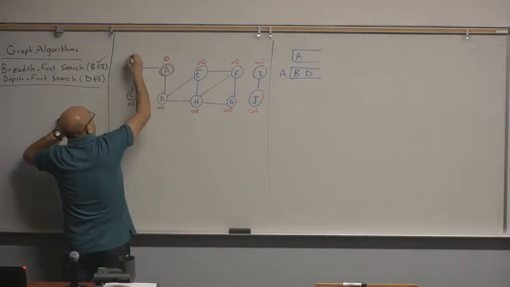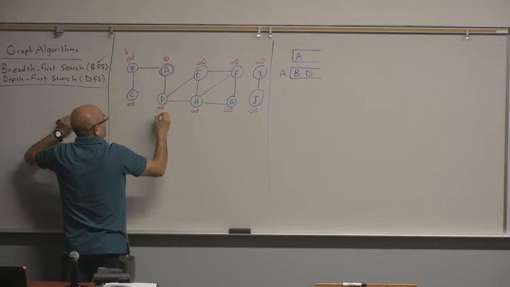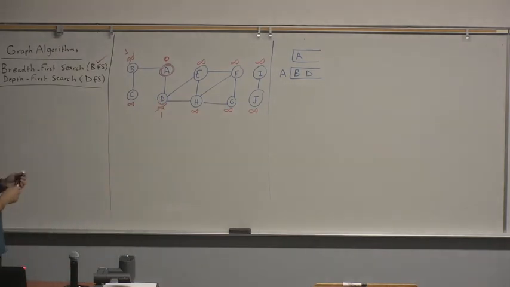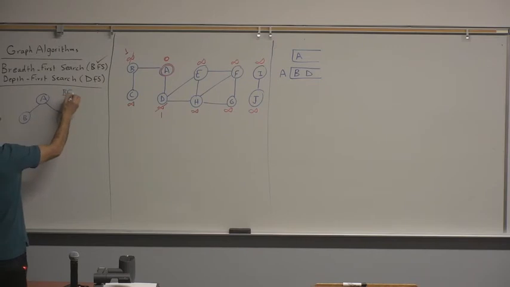So this is going to be at 1, because we have discovered the neighbors. So now, in fact, we are constructing a tree with A and B and D, which is what we call the BFS tree.